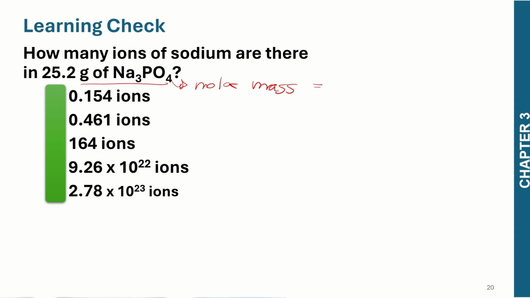If you multiply 3 times the mass of sodium, which is 22.99, plus phosphorus, which is 1 times 30.97, and oxygen, which is 4 times 16, you're going to have 163.94 grams per mole. Now we can convert this to moles.